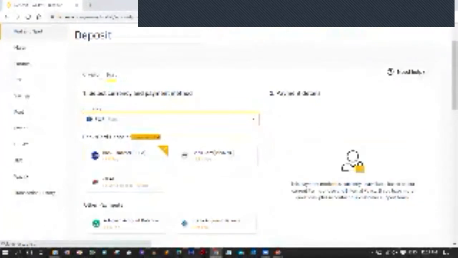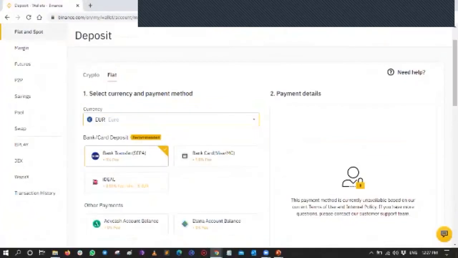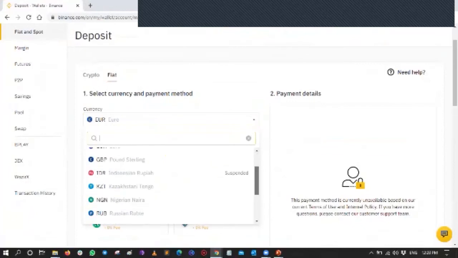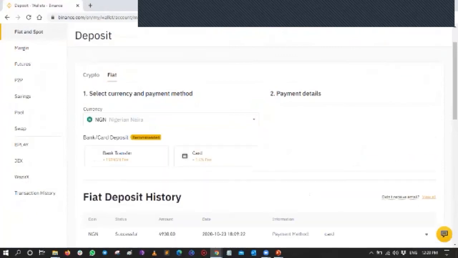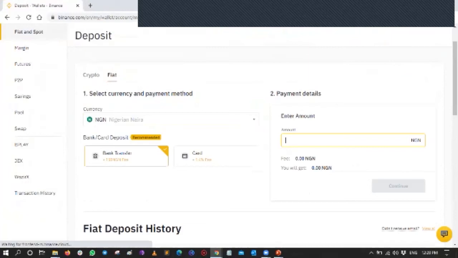So I'm sure you can see my account now. I'm not going to select Euro because I'm not in Europe. So I'm going to select Naira. Okay. NGN. Imagine a platform where you can deposit in your Naira, your local currency.